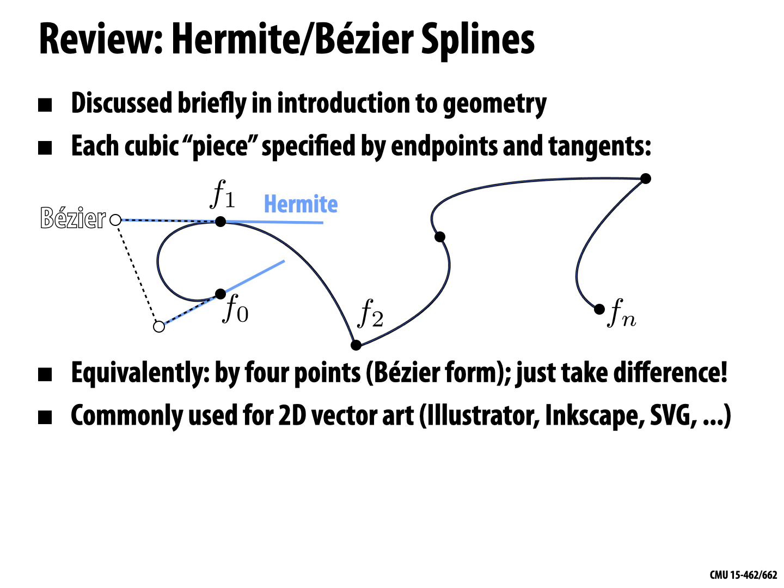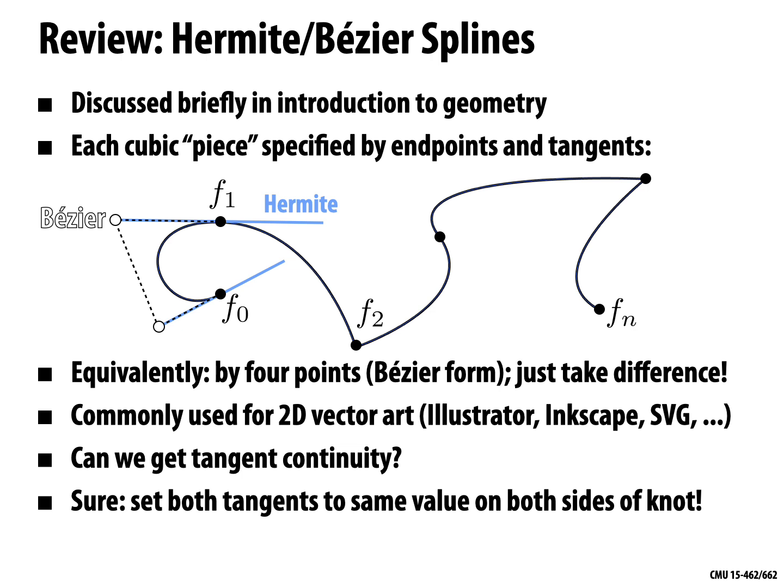For cubic Bezier curves, the thing we want to know is, can we get tangent continuity? Is it possible to draw a Bezier curve where the derivatives agree from one segment to the next? Well, yeah, sure. Especially if we think about this in Hermite form, no problem.